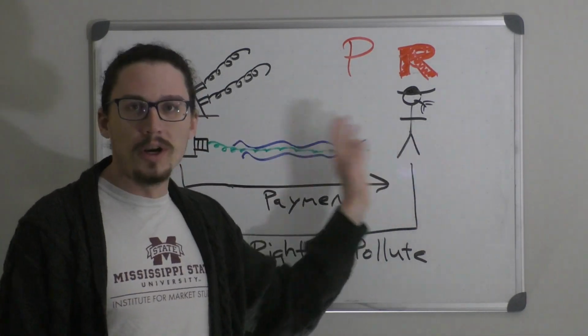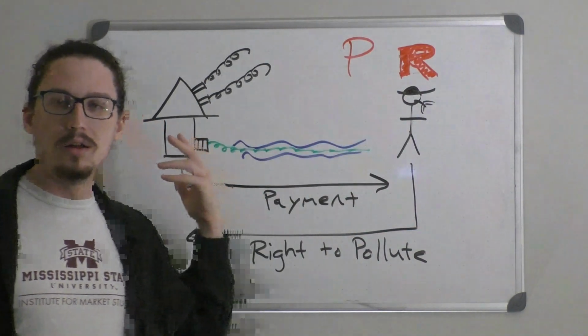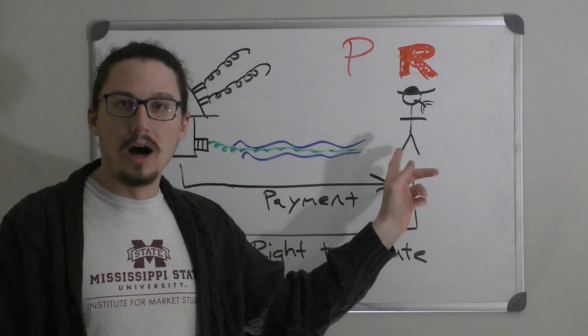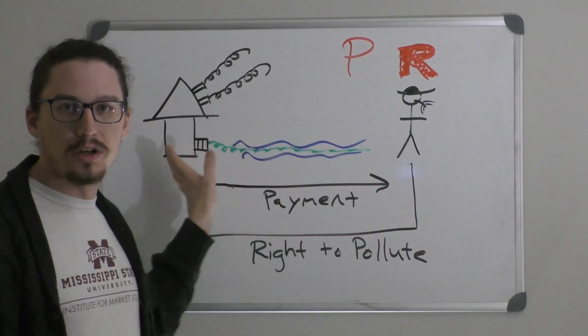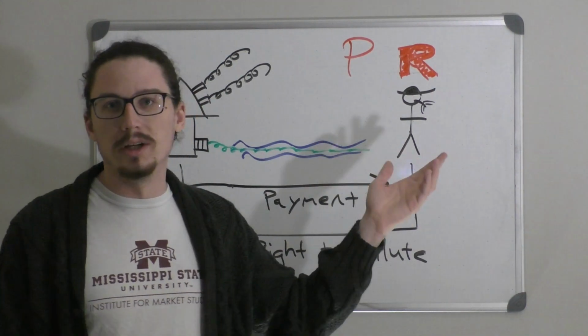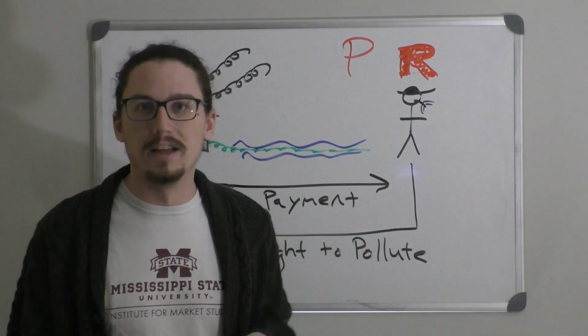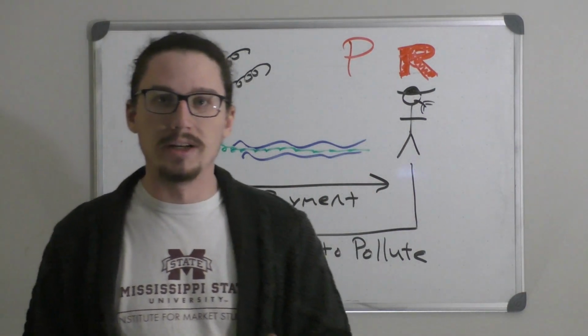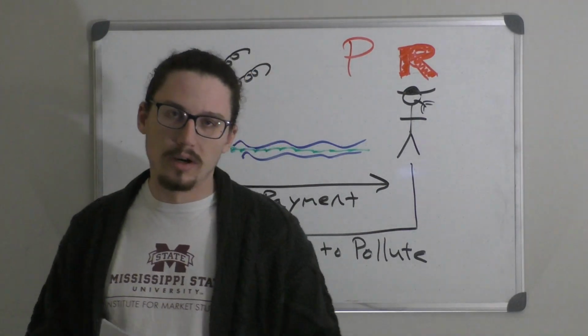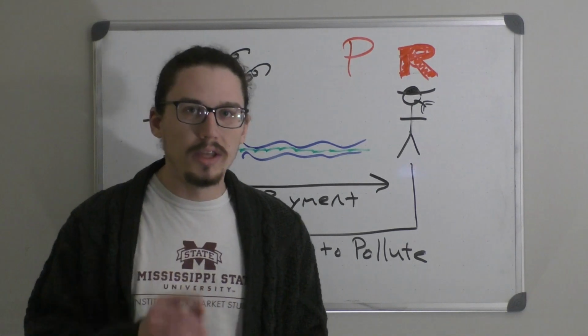Then it would not be worth it for the farmer to sell that good, because the firm would only be willing to pay up to $2,000, the cost of that last unit of pollution, and the farmer would not be willing to accept anything less than $2,200 for the right to pollute that 15th unit. But that is the way the Coase theorem works.